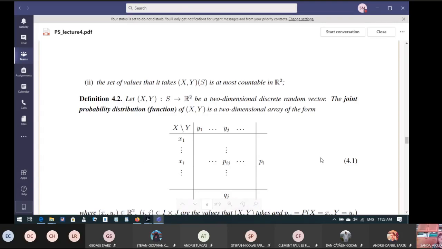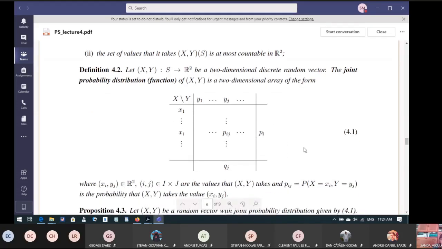It's a two-dimensional thing. And the PDF will give the same information. Of course, it has to look different because it has to take into account both variables. What information is that? The values of both variables, X values, Y values, and the corresponding probabilities.